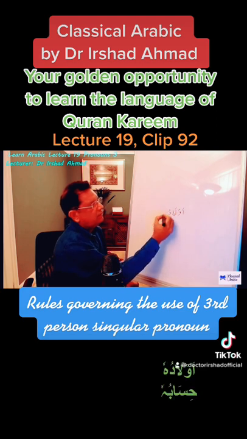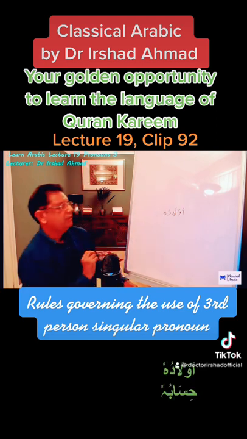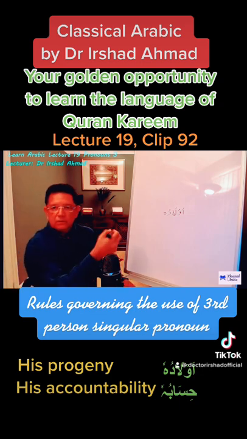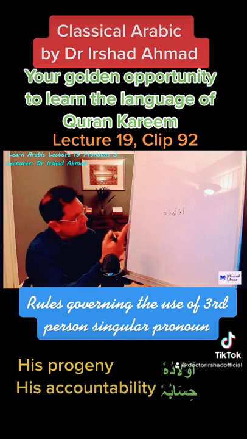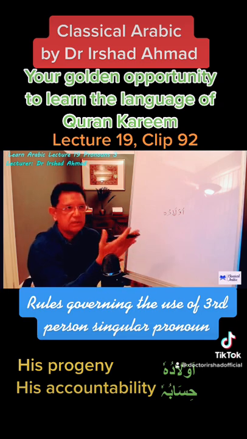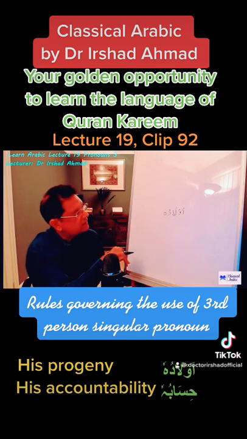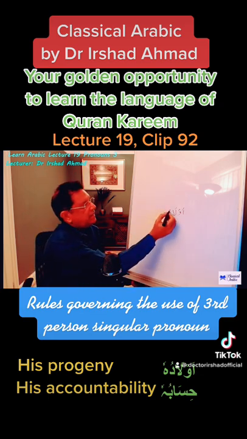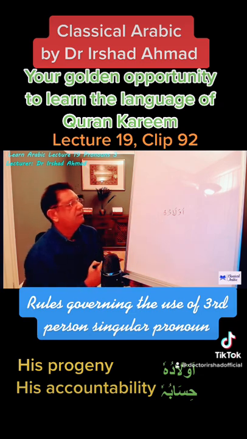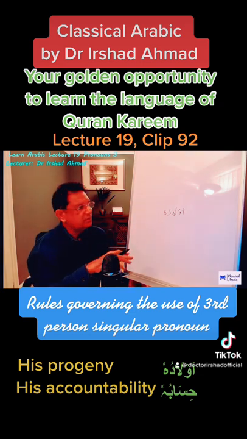Waladun is singular, awladun is plural. So this is also used for children, progeny. Waladun is a boy as well as a child. So his progeny, his children. And when this is preceded by dhamma, it takes an inverted dhamma, and we pronounce it awladuhu, elongating a bit.